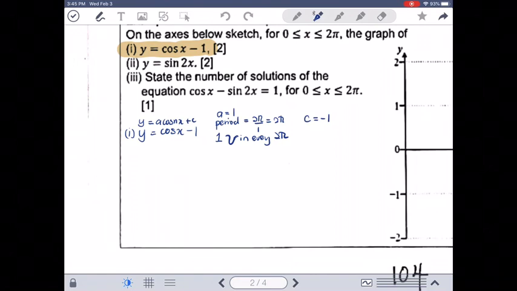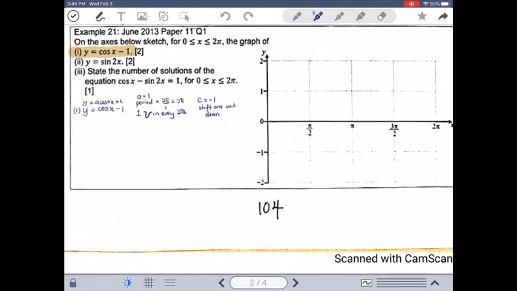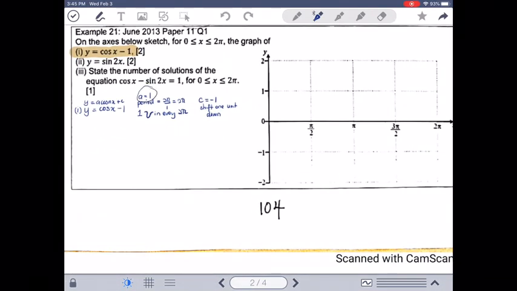And the value of c is equal to -1, so it means that we need to shift 1 unit down. So let's draw that. Since the amplitude is 1, we will have that as 1 and one cycle in every 2 pi.